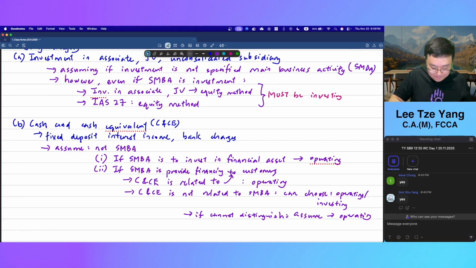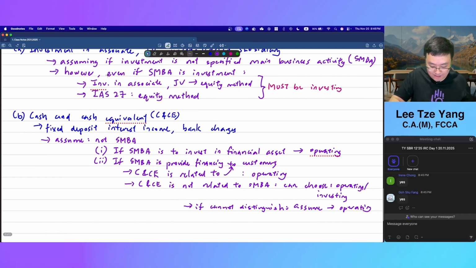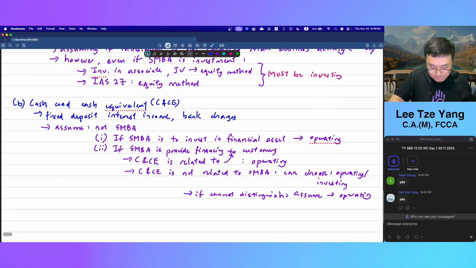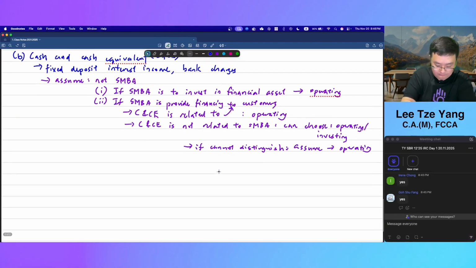Now, the third one that you need to know under investing is this.